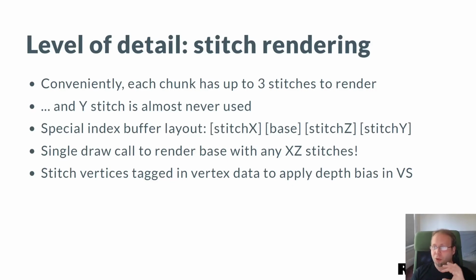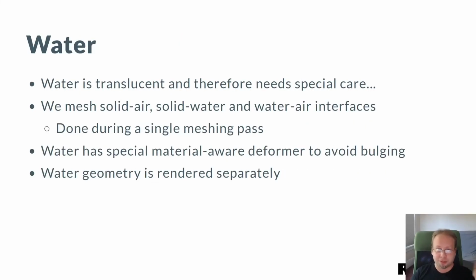Of course, for this to work, you have to do this depth bias conditionally within the same draw call, but this is actually fine because for us, the vertex shader pushes this geometry into the screen and can do this based on one bit that is stored inside the vertex that says, is this a stitch vertex or not? So this covers most of the basic terrain, etc.